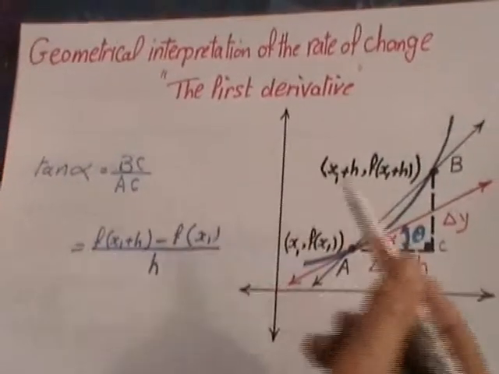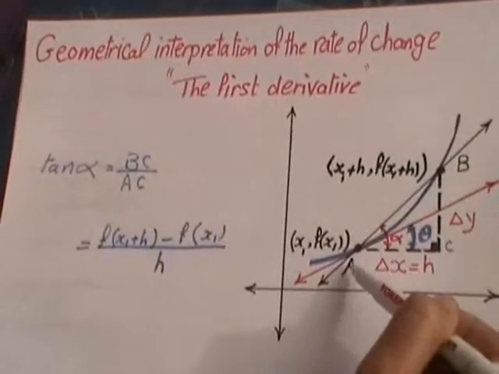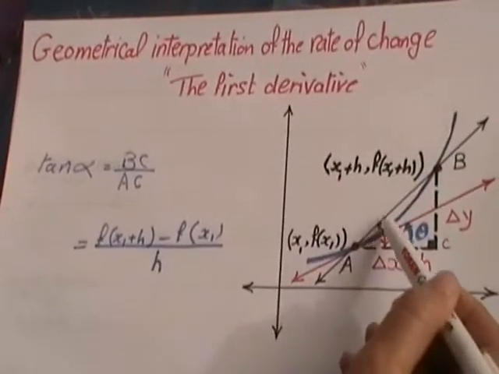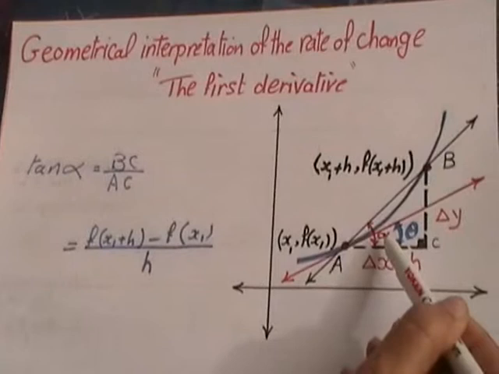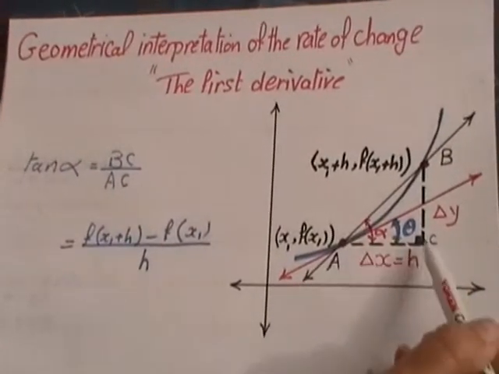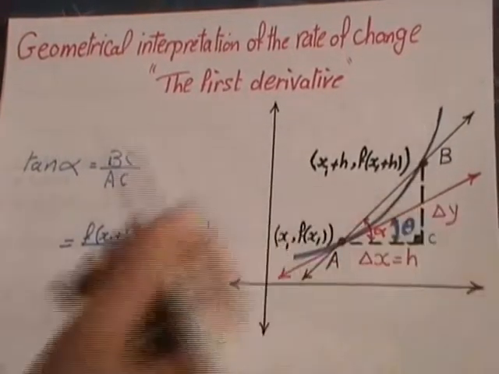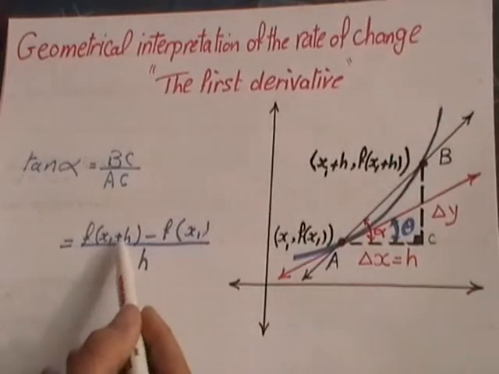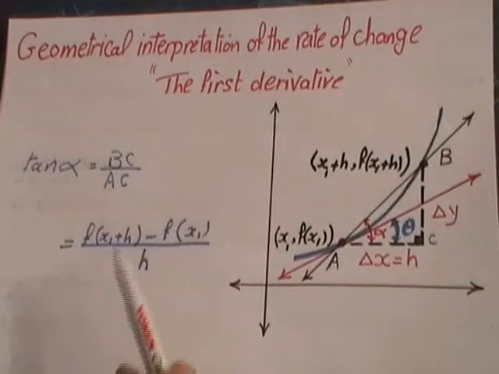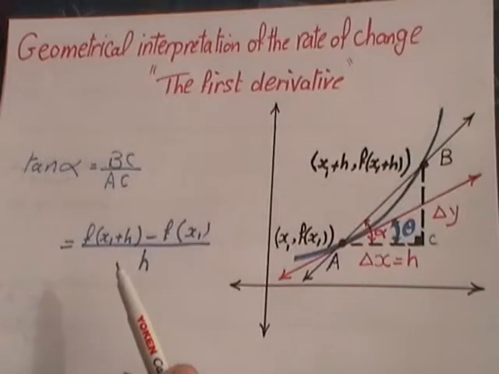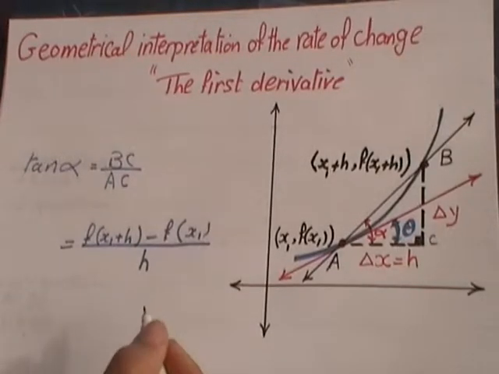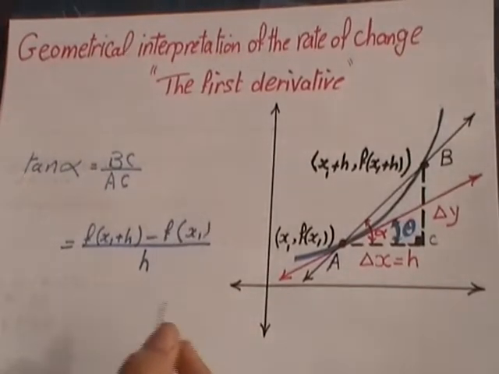So the slope of the straight line AB is tan alpha, the tan of the angle between this straight line and the horizontal line AC, which equals f of x1 plus h minus f of x1 over h.